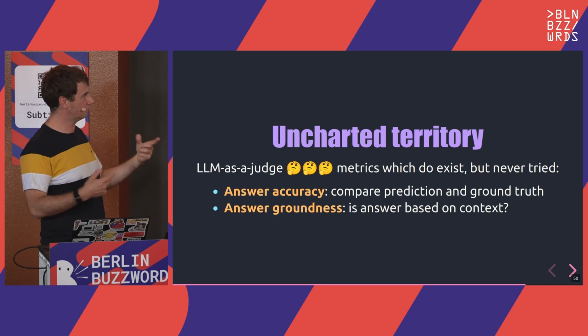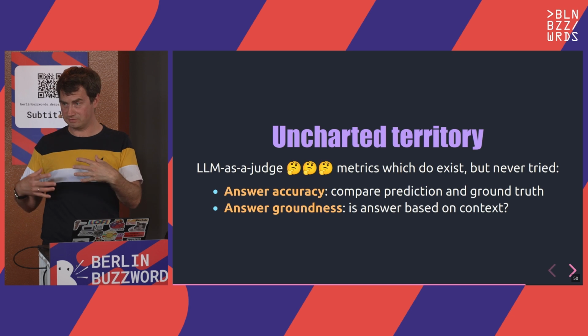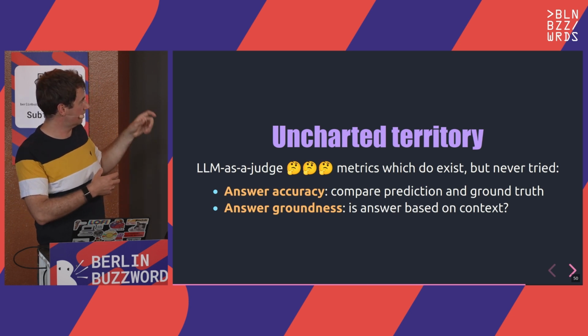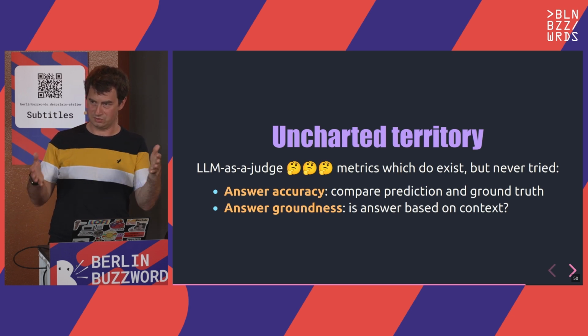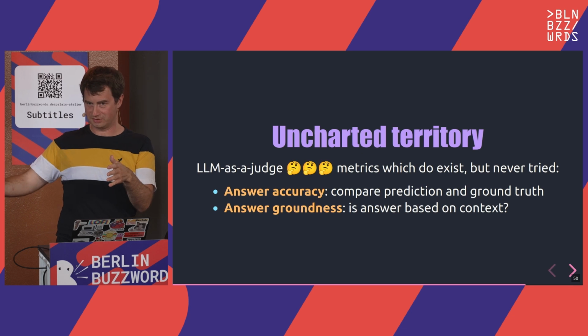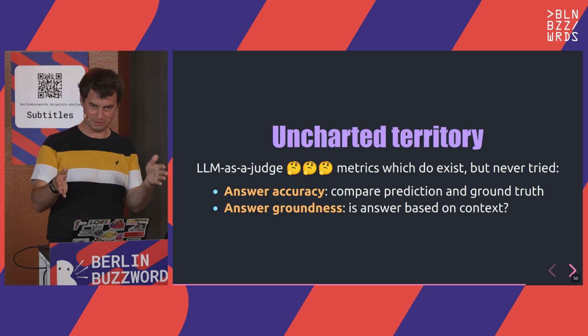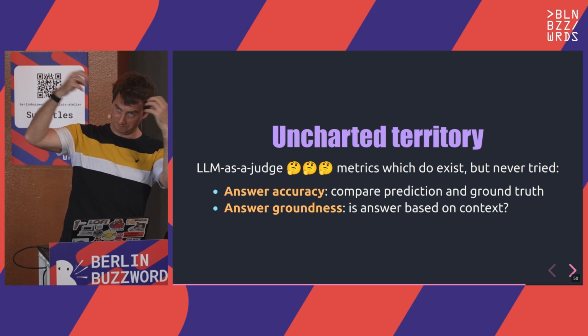It's a thing for the future. And the second, which doesn't require any reference, is answer groundedness: how much your answer is based on your context. You also use an LLM as a judge, but ask it: are you actually using the information from the context for this answer, or did you just make it up out of your head?